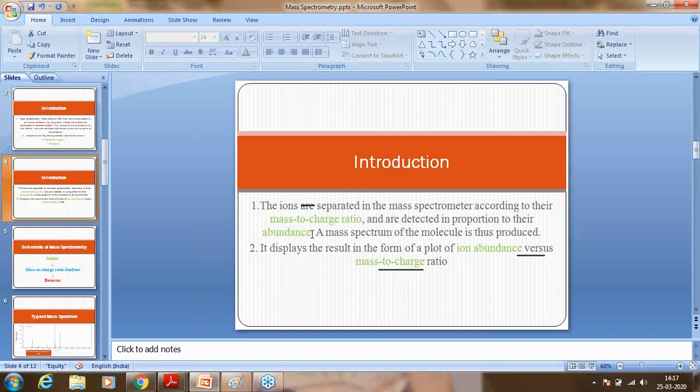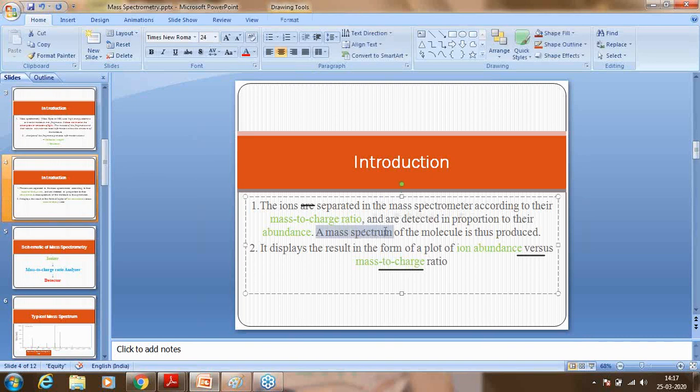On the basis of the mass upon charge ratio and their abundance, we will get the mass spectrum of that molecule. It displays the result in the form of a plot of ion abundance versus mass to charge ratio.